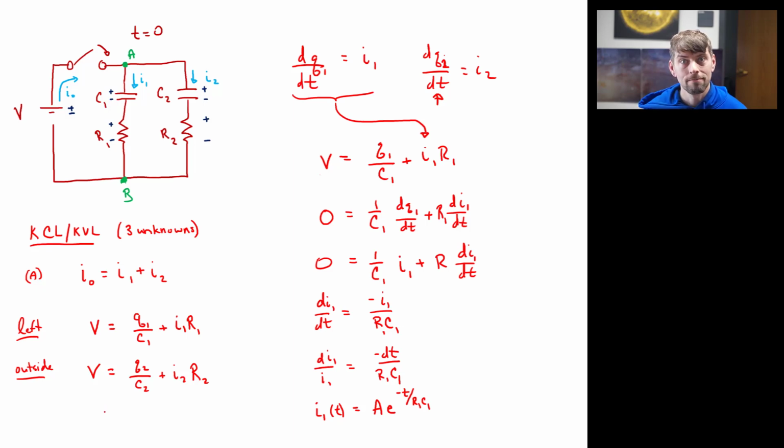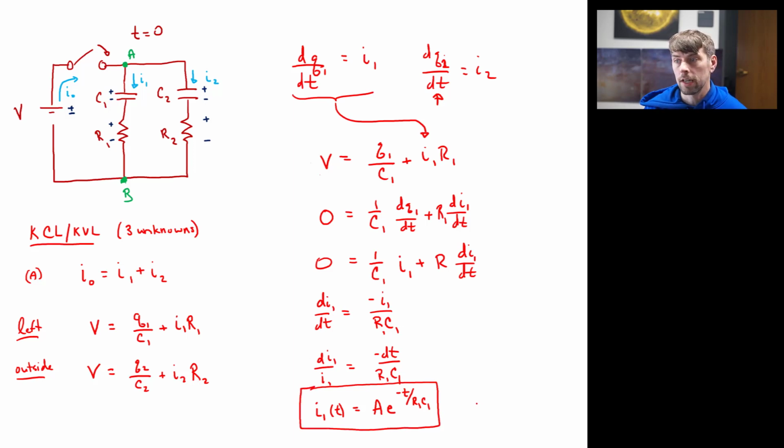Good. And now you notice, hey, wait a minute, if I compare the equation that I got from the left-hand side as compared to the outside loop, mathematically, these two equations look the same, which means the solution that I found for the first, let me go ahead and box it, I can verbatim rinse, wash, and repeat.